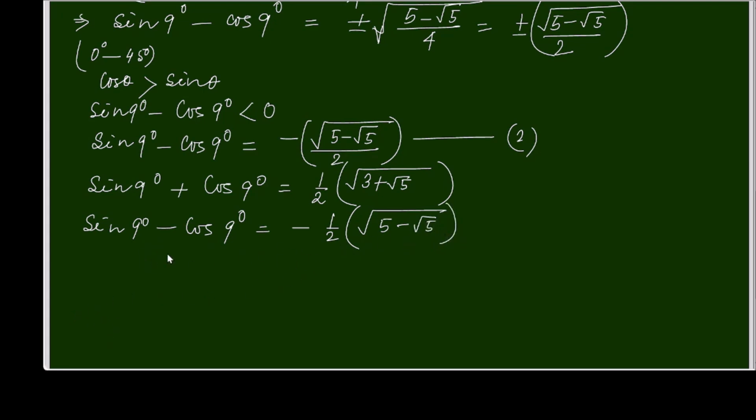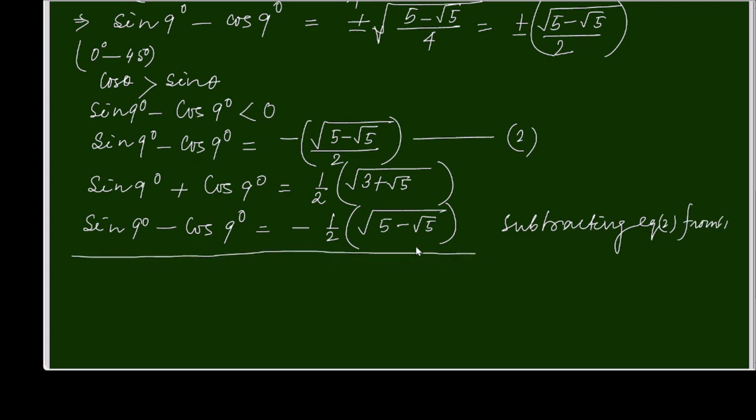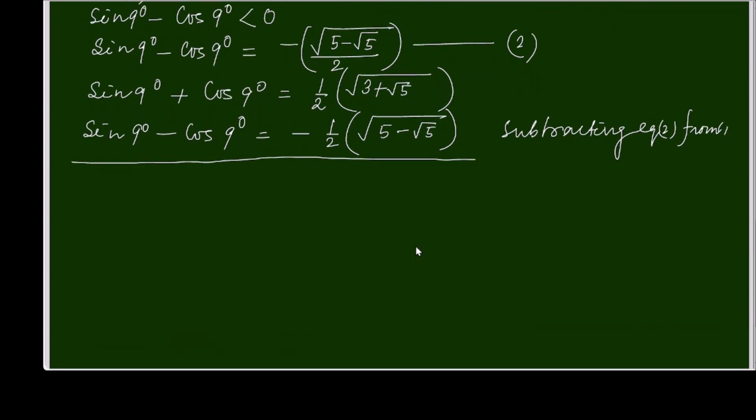Now subtracting equation 2 from equation 1, sin 9 will be cancelled.